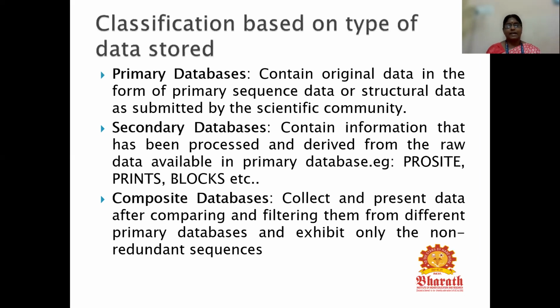In primary and secondary databases, we will have some error data, mismatching data, and repeated data, but it has to be filtered by the composite databases. So there should not be any repetitive sequences present in the composite databases.